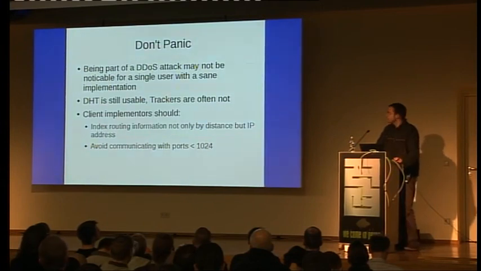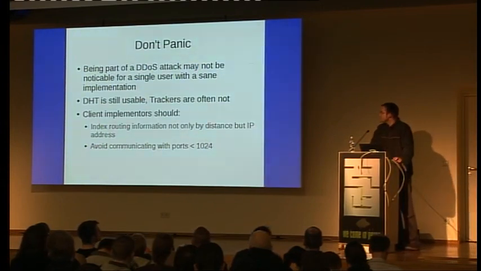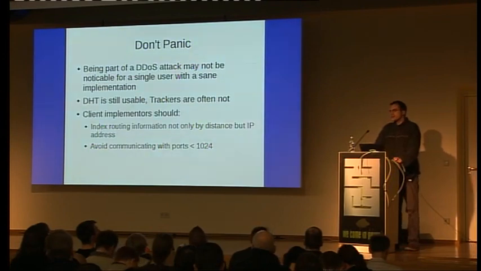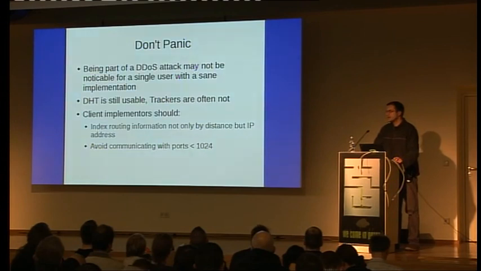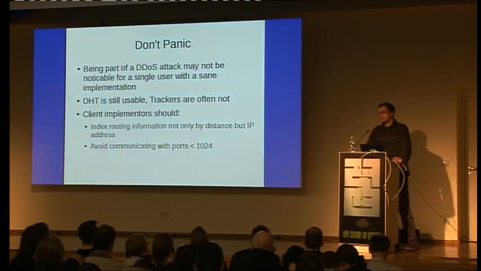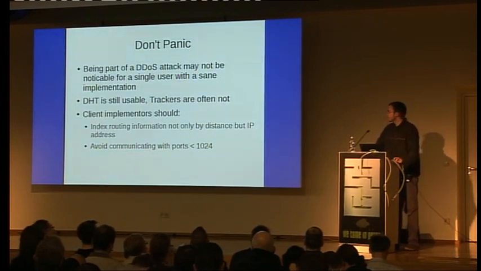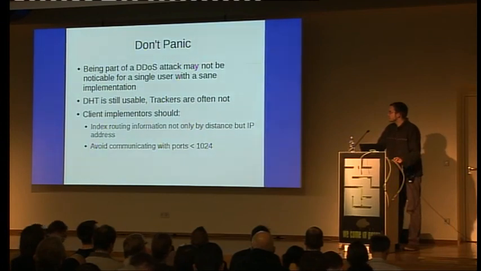So client implementers, as an advice, may start to index their DHT routing information not only by distance but by IP address, and it will get likely that you are able to detect such malicious behavior.